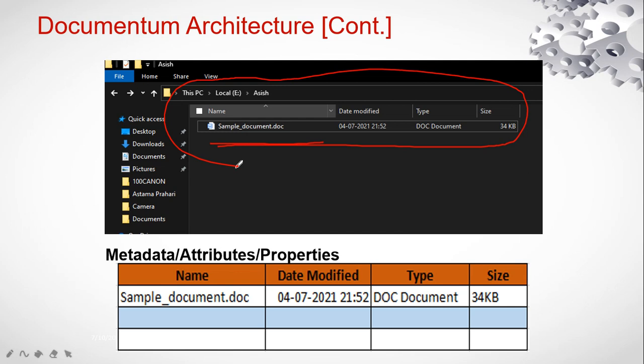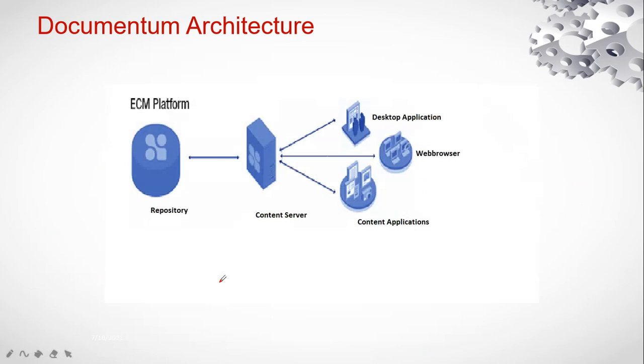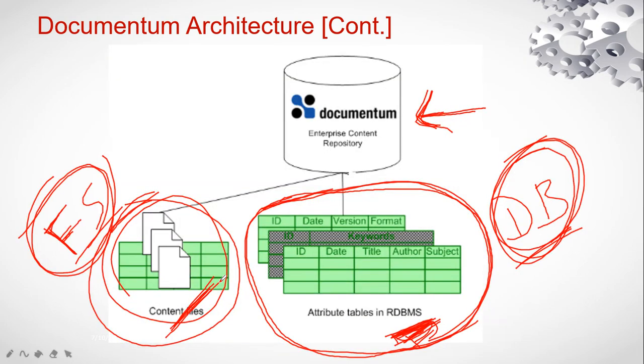In the Documentum repository concept, the sample document will be stored in the content store. Whatever metadata you are seeing, like the file name, date modified, type, and size, we can organize all this data in tabular form, and that data will be stored in the database table.